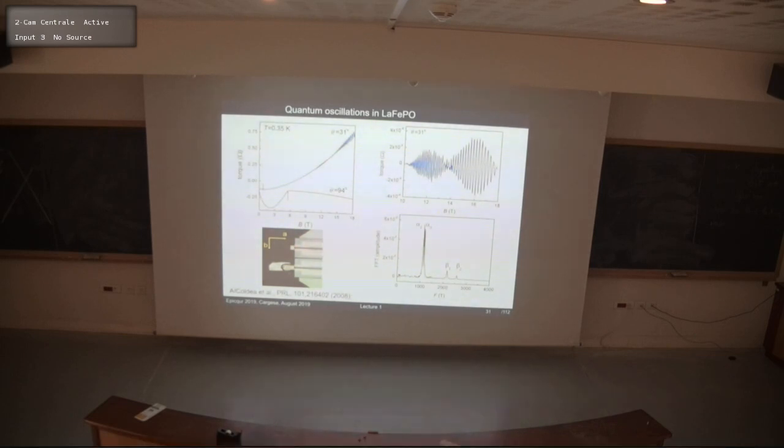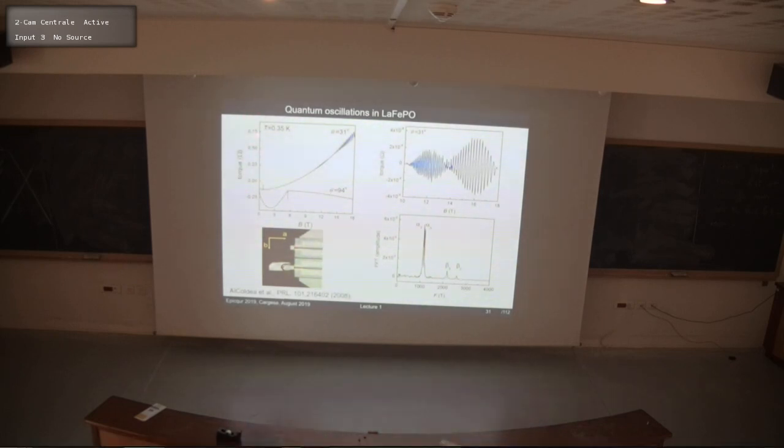Now, to confirm this picture of a good metal, obviously we need some experiments, and this is one of the first experiments we did on quantum oscillations in this compound. These are torque measurements, where one glues a tiny little crystal of about 50 microns at the end of an AFM cantilever, and the bending of the lever is related to the torque, which is magnetization times B magnetic field.